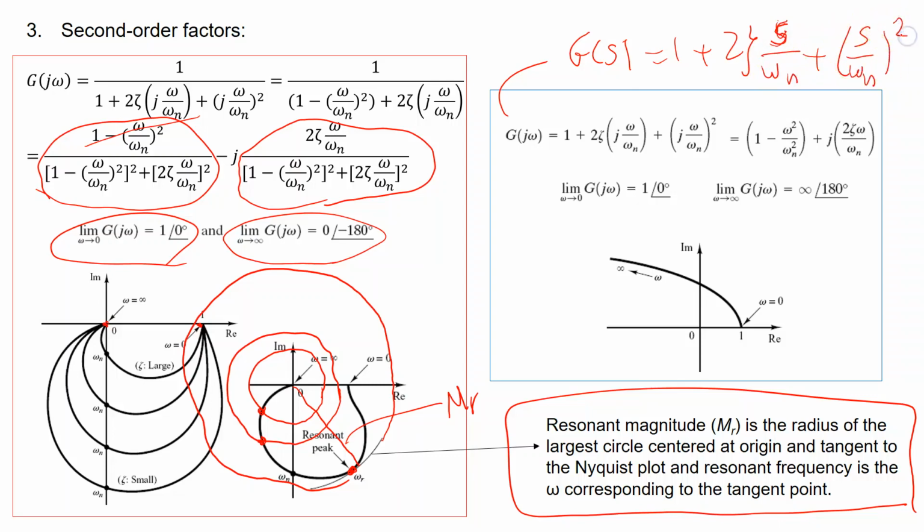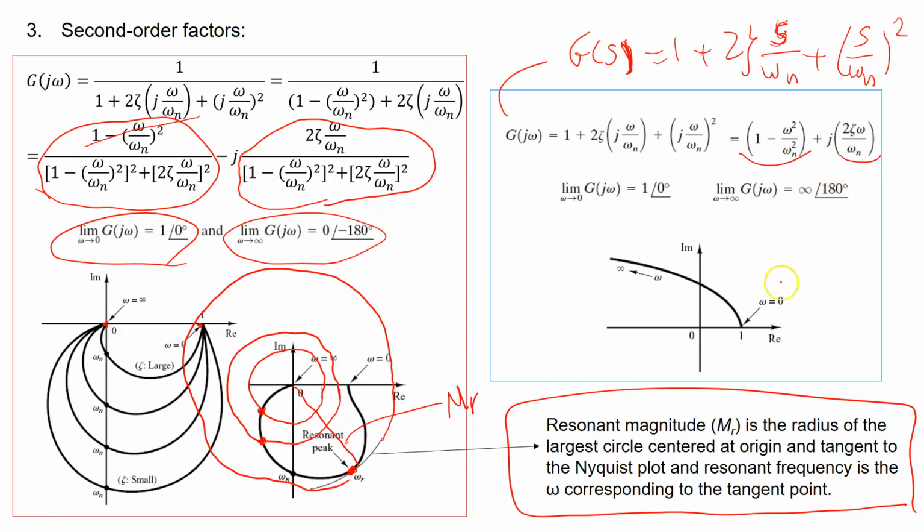So nothing in the denominator. So in this case, if you plug in s equal j omega and find the magnitude and the phase, or the real and imaginary part, this is your real part, this is your imaginary part.